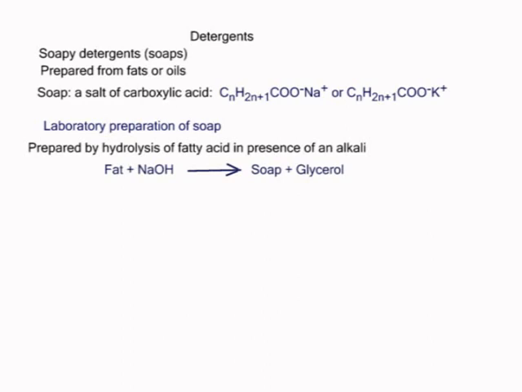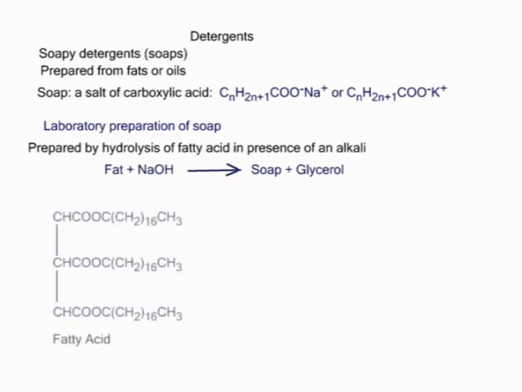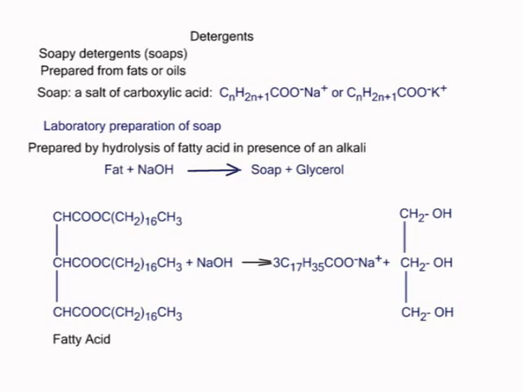In the hydrolysis of fat, sodium hydroxide neutralizes the acid formed, that is stearic acid, to form the sodium salt of the acid. And this can be shown by this equation. Look at those structures of the fatty acid, and they react with sodium hydroxide to form the soap. The soap is sodium octadecanoate.